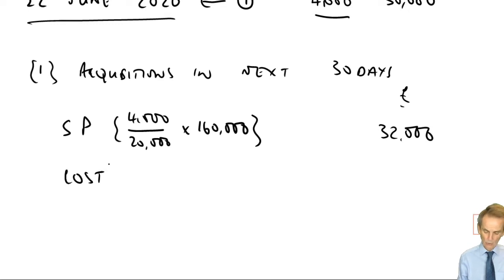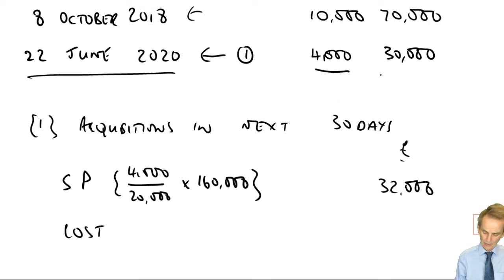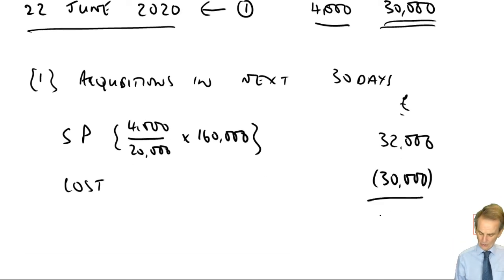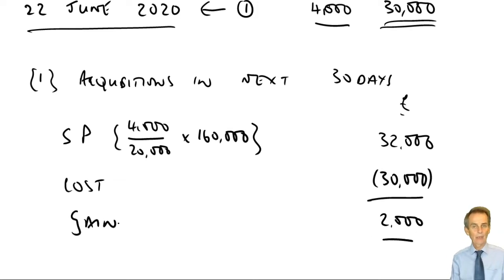We know, of course, what the cost is. It was a single individual figure of cost, £30,000. We deduct, as all of those shares have been sold, the full cost, and that leaves us on those shares with a gain of £2,000. So there's the first part of the gain computed on this disposal of 20,000 shares.